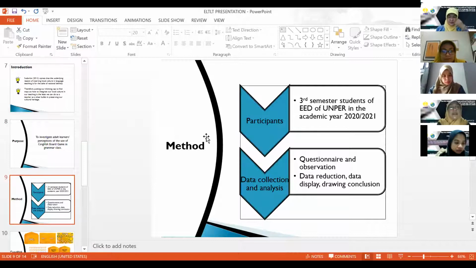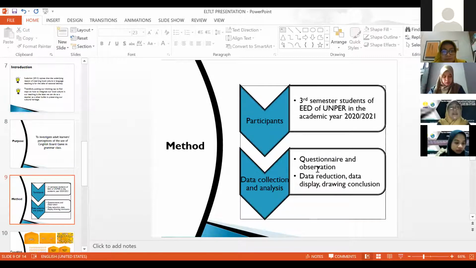Okay, now let's move on to the next stage. The participants of the study are the third semester students of the English Education Department of UNPER in the academic year of 2020 and 2021. The data was gathered from a questionnaire and observation.